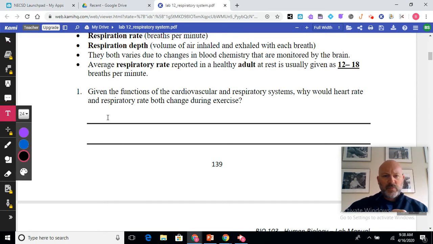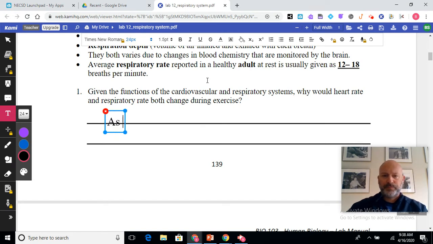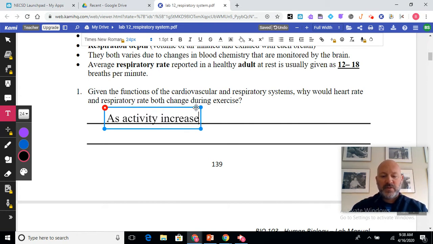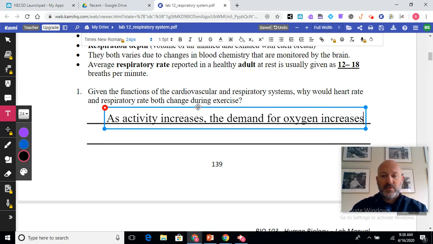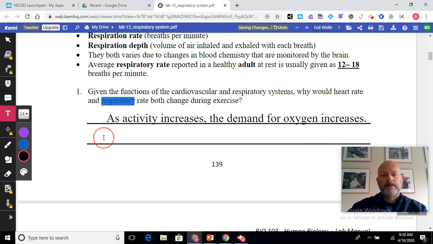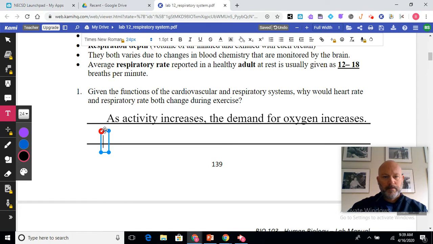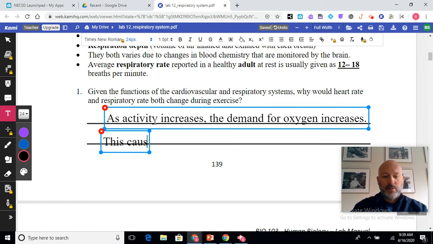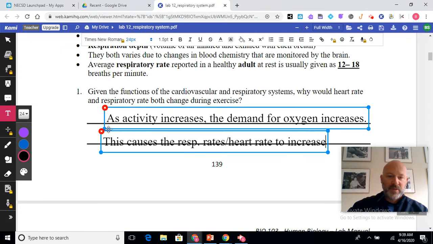So we can fill this in pretty easily: as activity increases, the demand for oxygen increases, which causes respiratory rate and heart rate to increase.